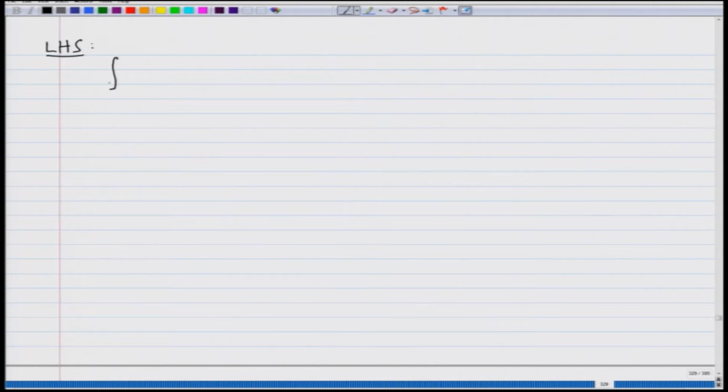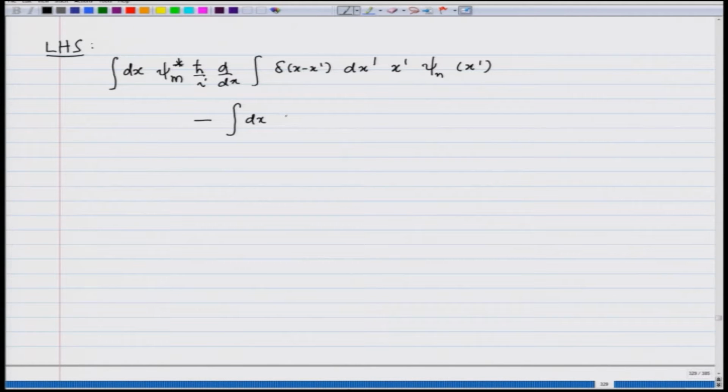I have the integral dx psi m star h cross over I d by dx, integral of delta x minus x prime dx prime x prime psi n x prime, minus the integral dx psi m star x, integral delta x minus x prime dx prime h cross over I d by dx prime psi n x prime, all from minus infinity to infinity.